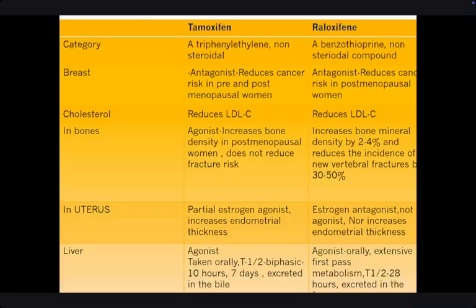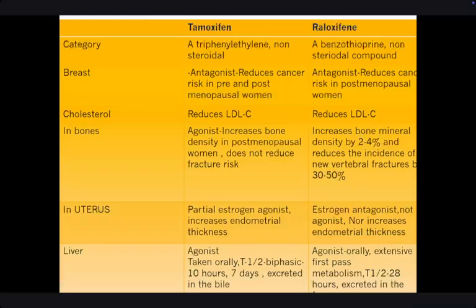And in the uterus, tamoxifen is a partial estrogen agonist and increases endometrial thickness. The good thing with raloxifene is that it does not increase endometrial thickness, so it's an estrogen antagonist, not an agonist. Then in the liver, tamoxifen is an agonist.